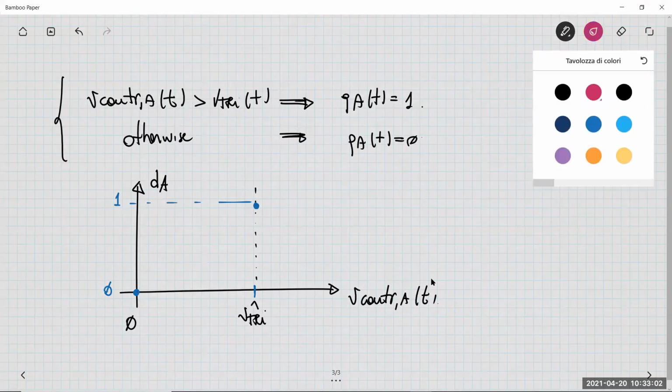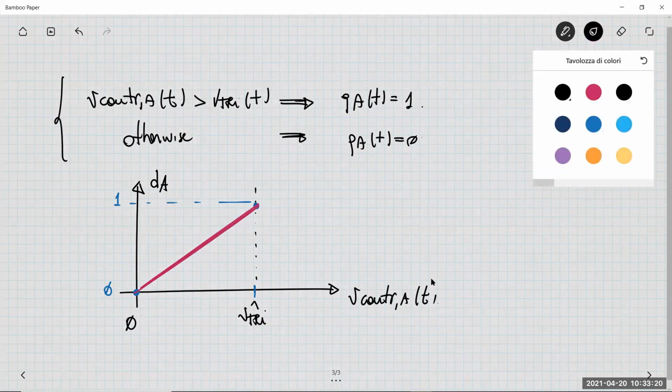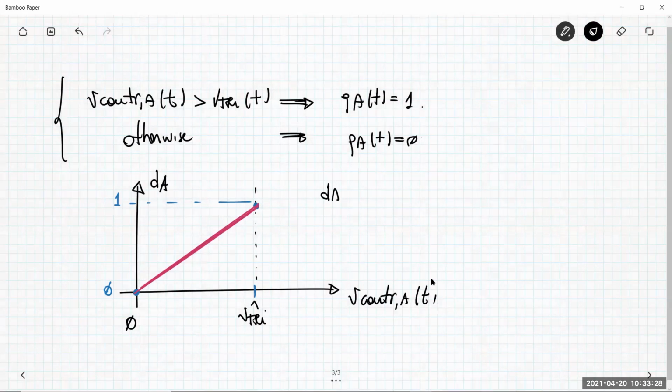So if you consider that the variation is basically linear, the duty cycle has a variation versus the control voltage applied to the input of this modulator that can be represented in this way. In this way, you can also find that the slope of this quantity, dA over V control A, is exactly 1 over the peak value.